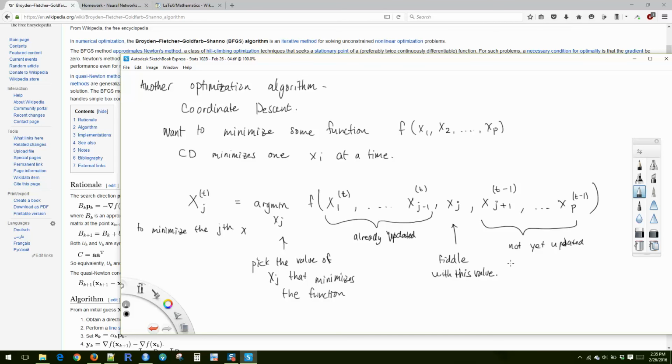Okay, and so I'll illustrate what this looks like in a two-dimensional case.